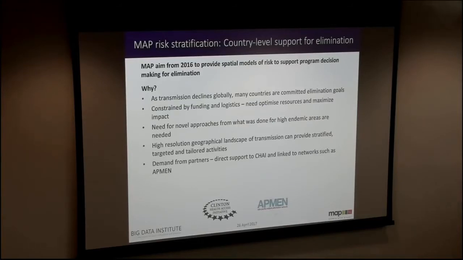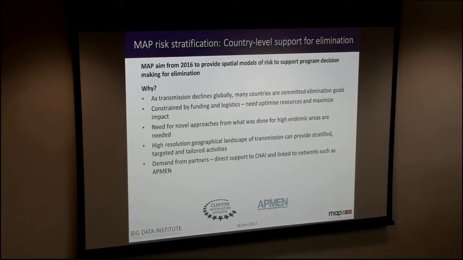And we at MAP needed to have the time and space to develop new approaches for how we would model transmission in these low transmission elimination settings, because the methods that we've used globally and in Africa wouldn't apply.